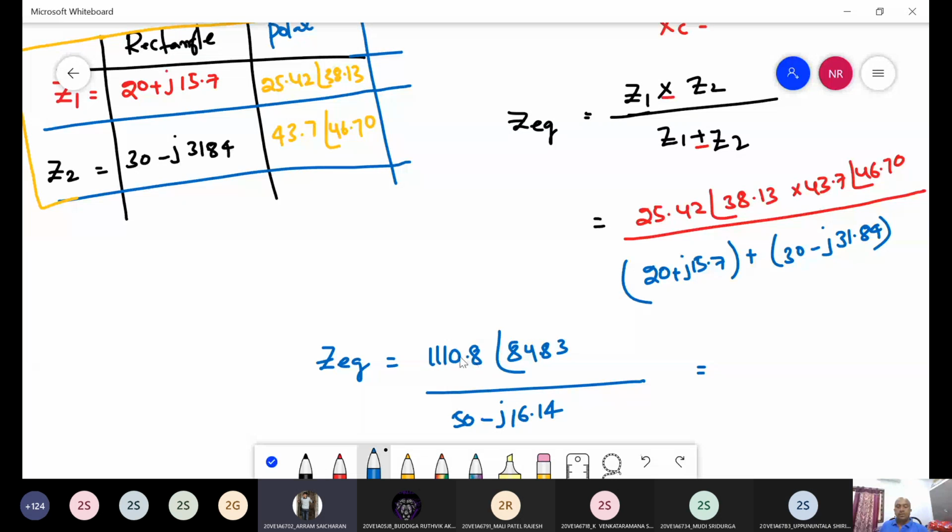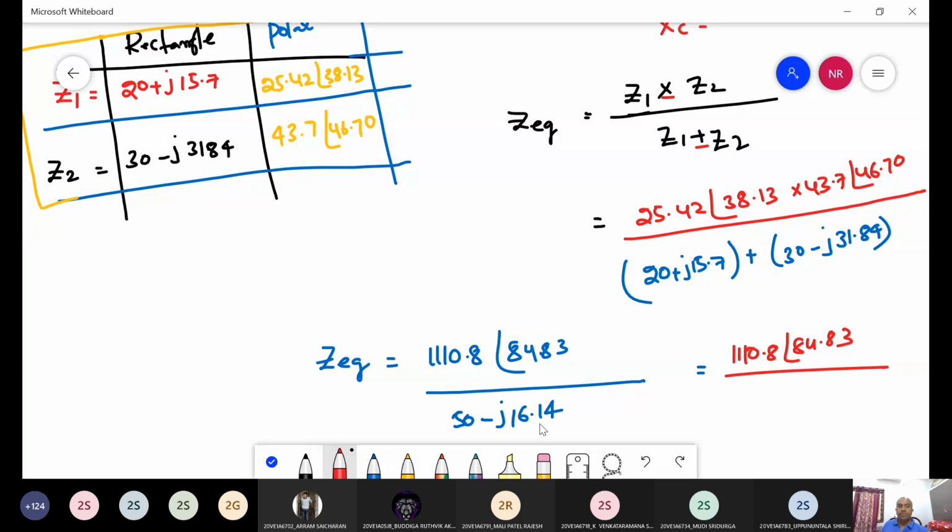Then now magnitude divide. Here in the numerator we have polar form and in the denominator we have rectangular form. Since I am dividing, you have to convert again: 111 angle 84.83. Then convert the denominator again.